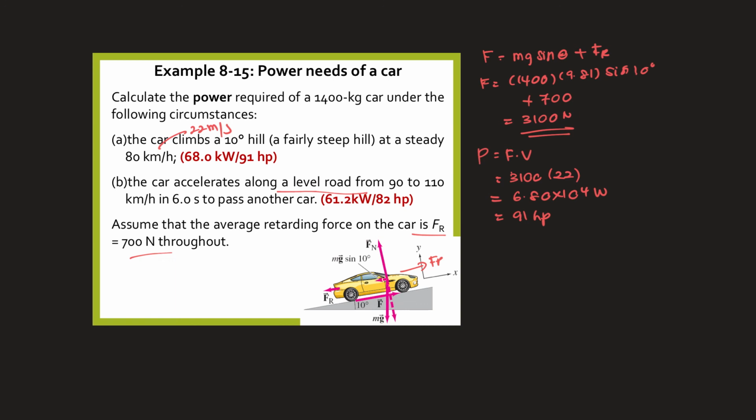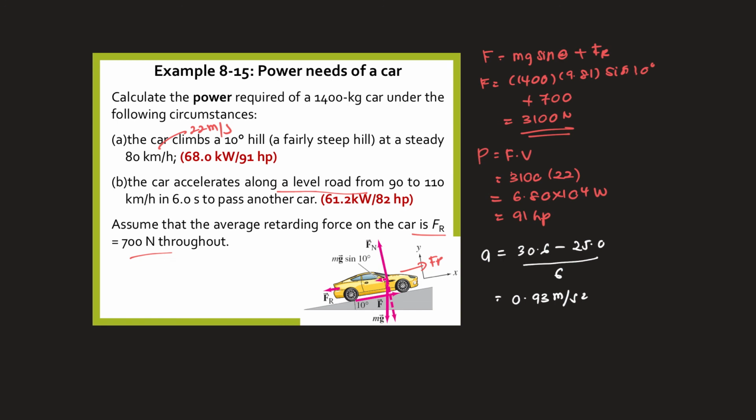So 90 and 110 you need to change into meters per second first. The acceleration is final minus initial divided by time. So 30.6 minus 25.0 divided by 6 seconds. Then you are going to get an acceleration of 0.93 meters per second squared.